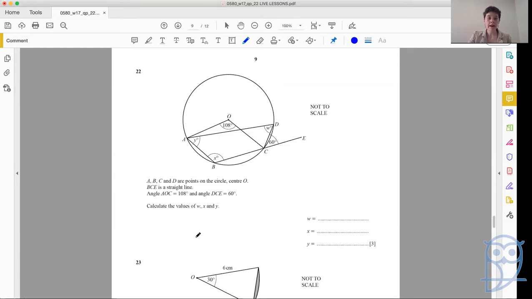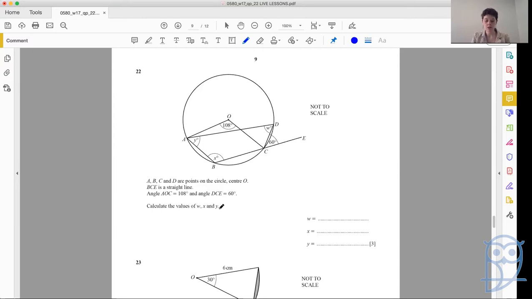Okay, so A, B, C, and D are points on the circle center O. They're all on the circumference. B, C, E is a straight line. AOC is 108, and DCE is 60. Cool, we're happy with all of that. Calculate the values of W, X, and Y.